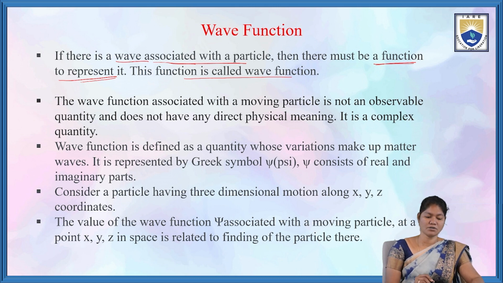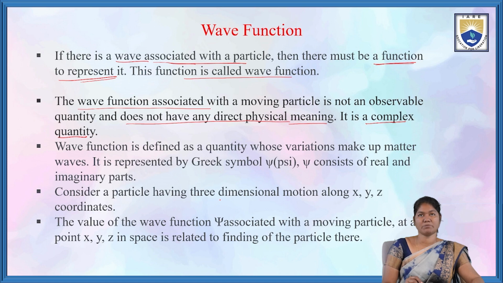The wave function associated with a moving particle is not an observable quantity and does not have any direct physical meaning. It is a complex quantity. A wave associated with a particle has a function to represent that matter wave.